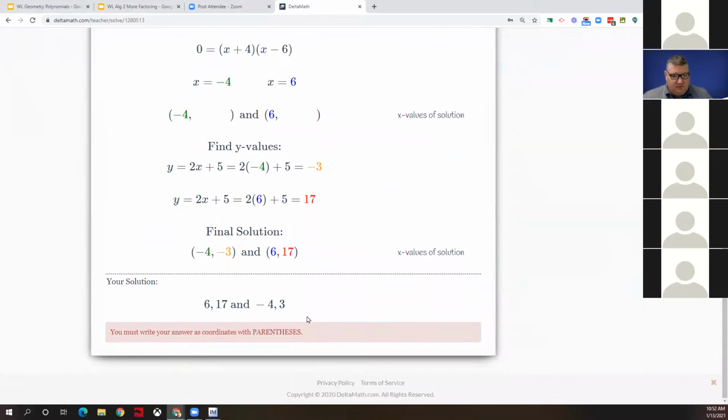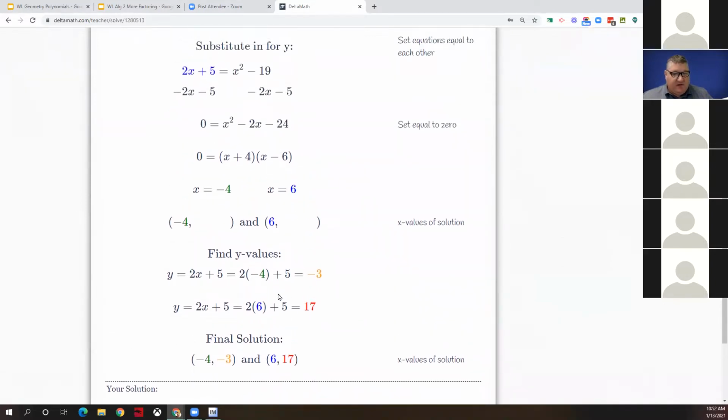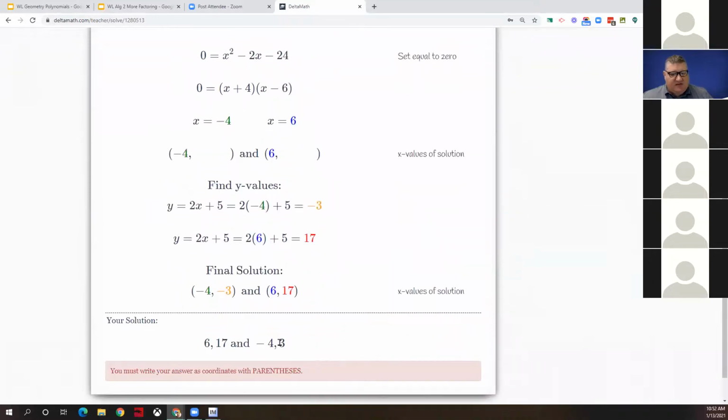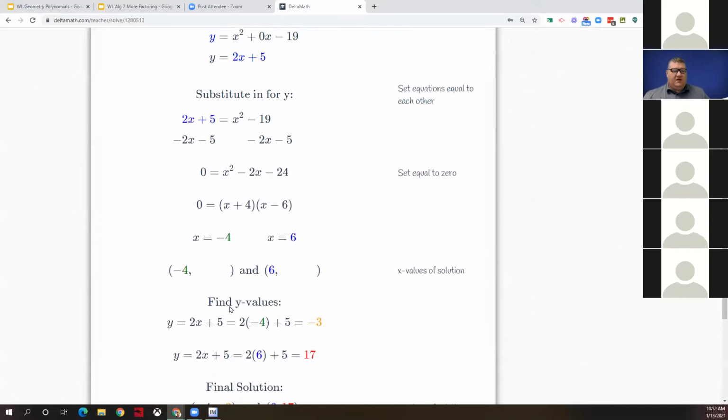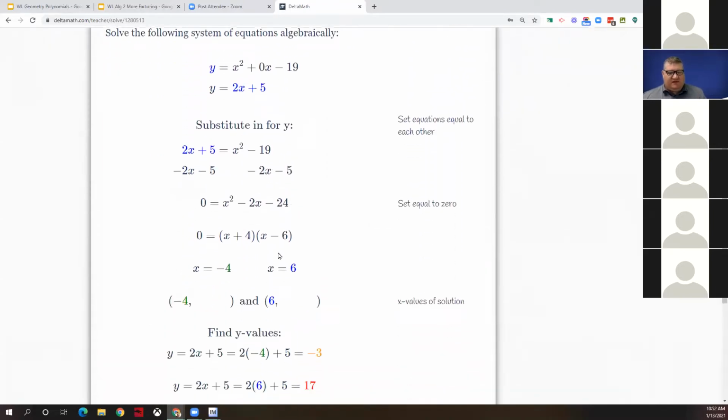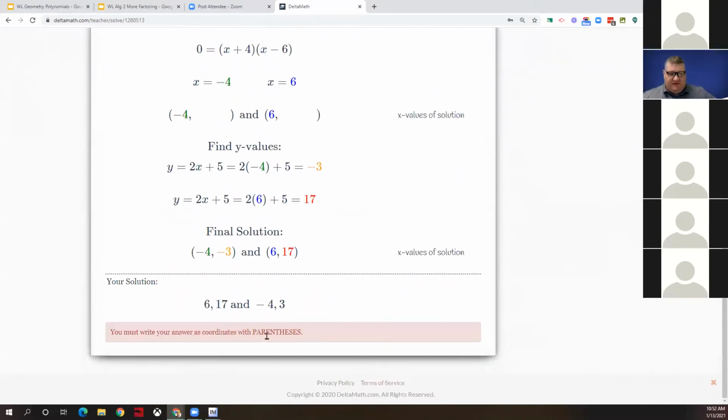What just happened? I forgot a negative. Okay. It wants you to have parentheses. Yeah, probably put parentheses. I don't know if the parentheses were the problem, but I guarantee that negative is the problem. Does that make sense? So what they do, they substituted just like we did, then found the values.